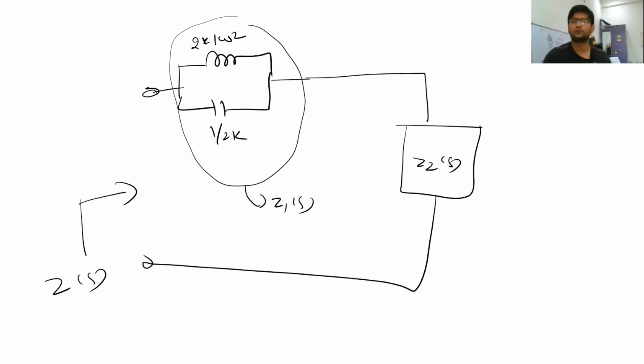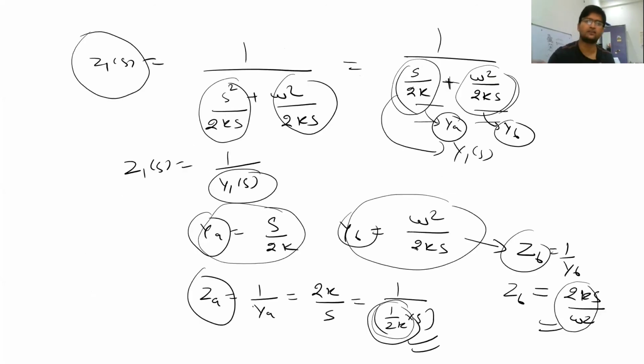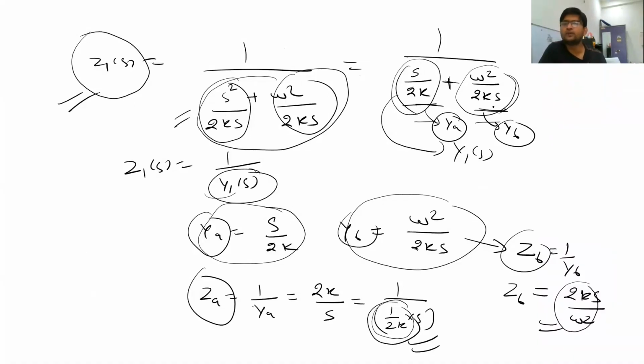For those who did not, let me quickly repeat it. We had found Z1 as this, in the reciprocal form. So this whole thing will be representing Y1s, obviously. And if Y1s is a summation of two different things, these two individually represent two admittance functions, which I have called YA and YB.